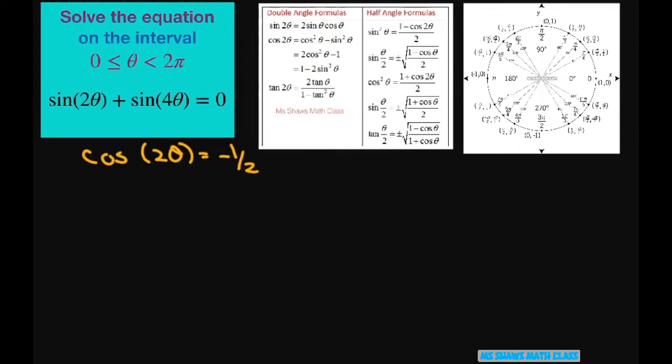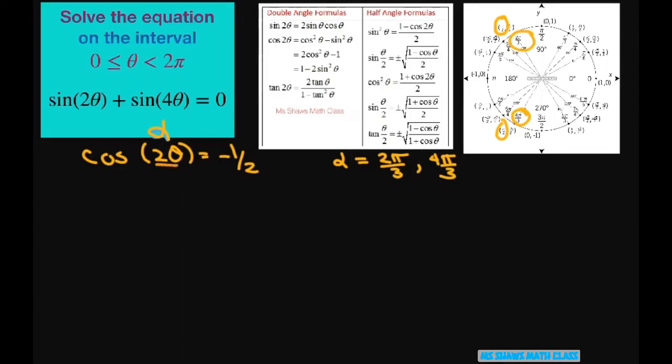Now if I look at this as alpha again, if I want cosine of alpha equals negative 1/2, I get these values here. So my alpha would be these two: 2 pi divided by 3 and 4 pi divided by 3.